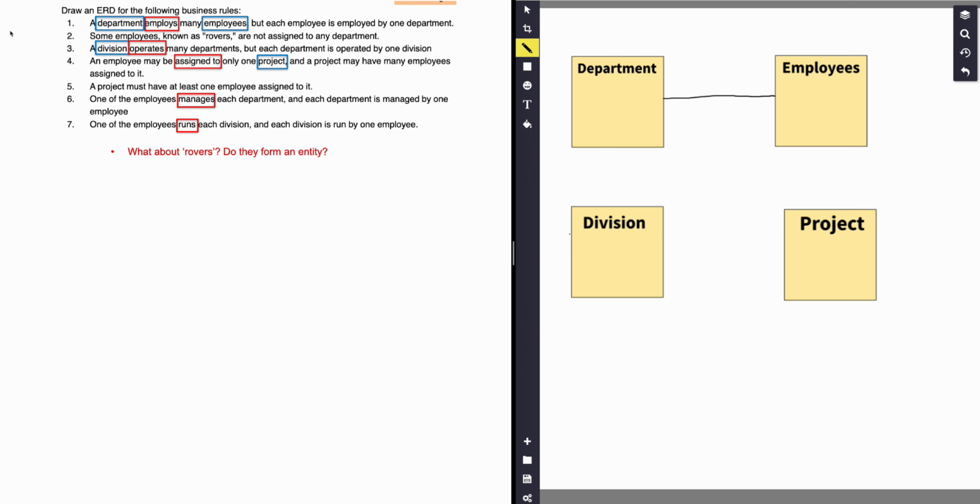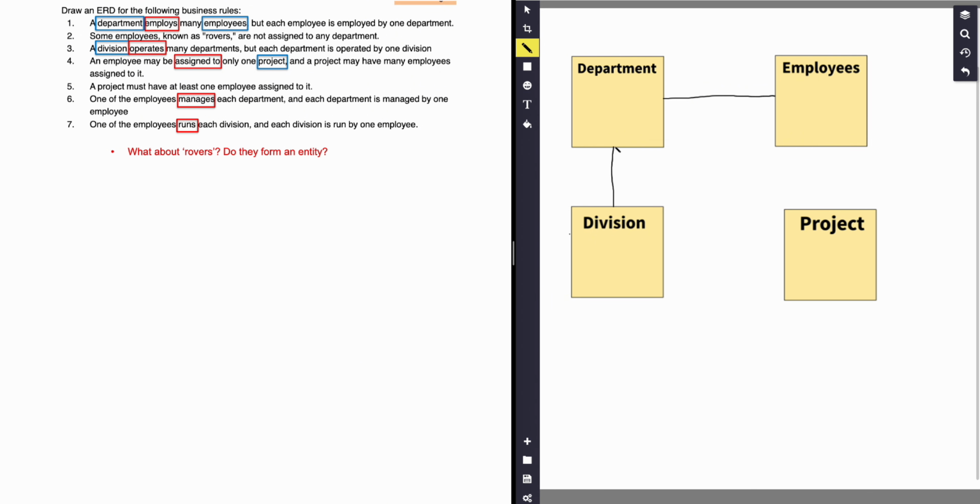So as it's saying down here, what about rovers? Do they form an entity? And the answer is no, because rovers are still employees. All this is saying is the type of connection that it has, which I'll describe at the end. All right, so it says a division operates many departments.